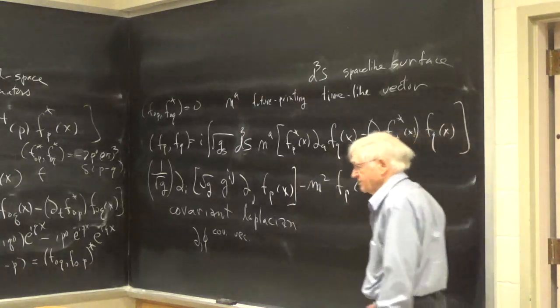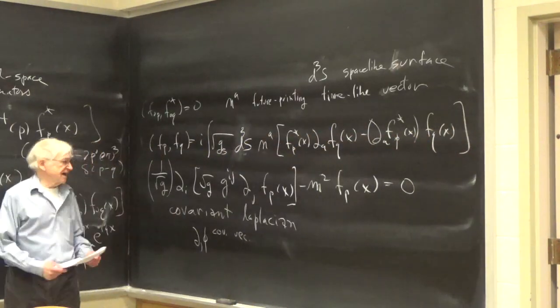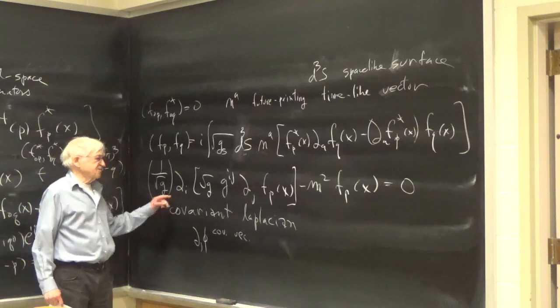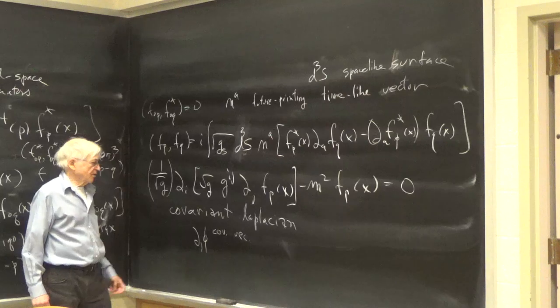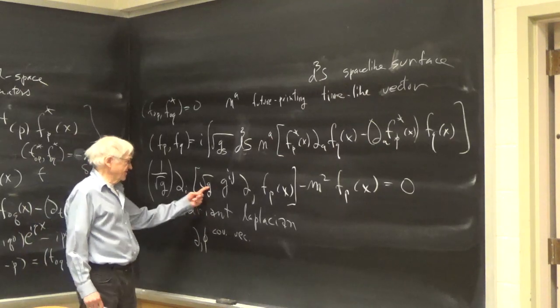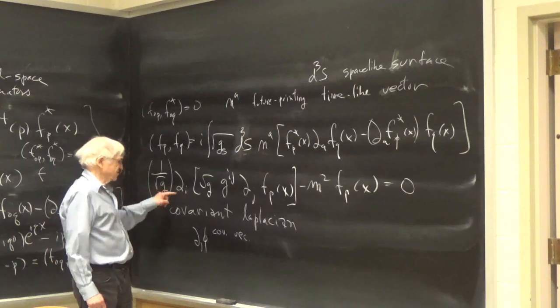And it turns out that because of the properties of determinants, that turns out to be just this, which is a lot simpler than it could be otherwise. So all you have is the inverse metric, a function, and a derivative.